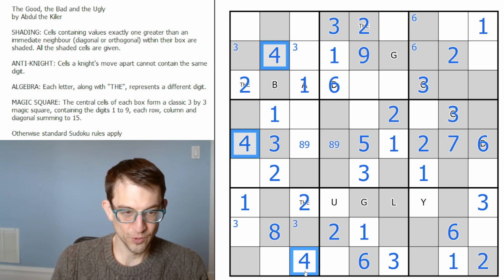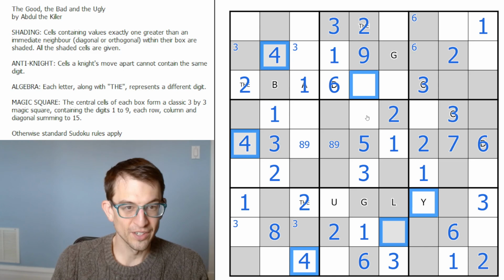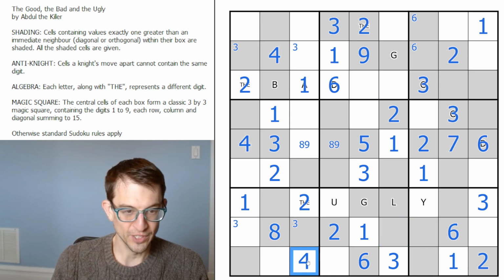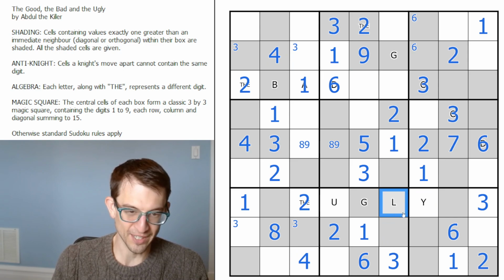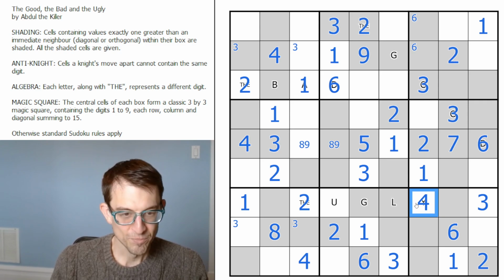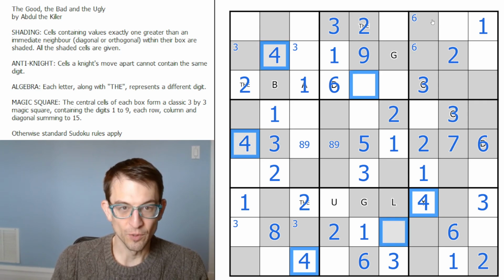Where does the 4 go? If 4 is Y, then that just works, I think. If 4 is L, no, 4 can't be L because L is shaded and not adjacent to its 3. So Y is 4.